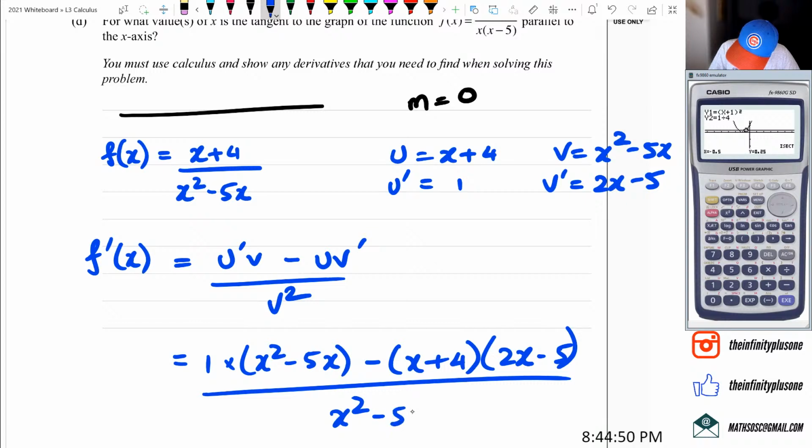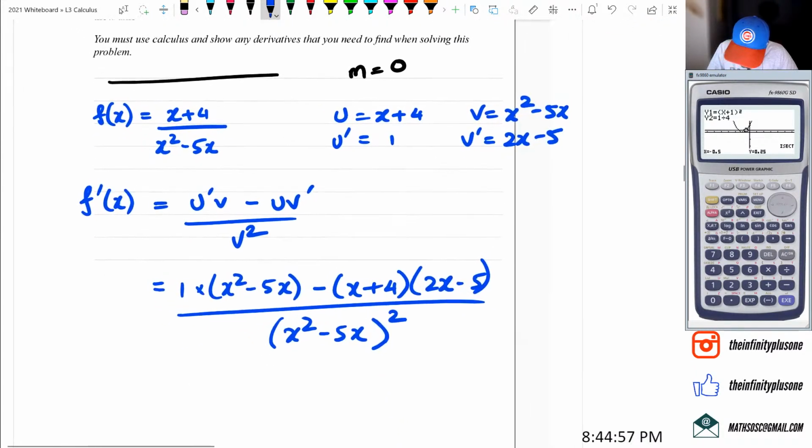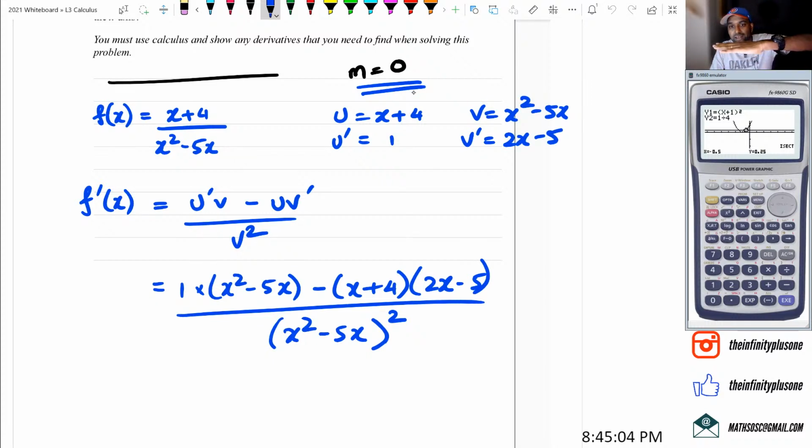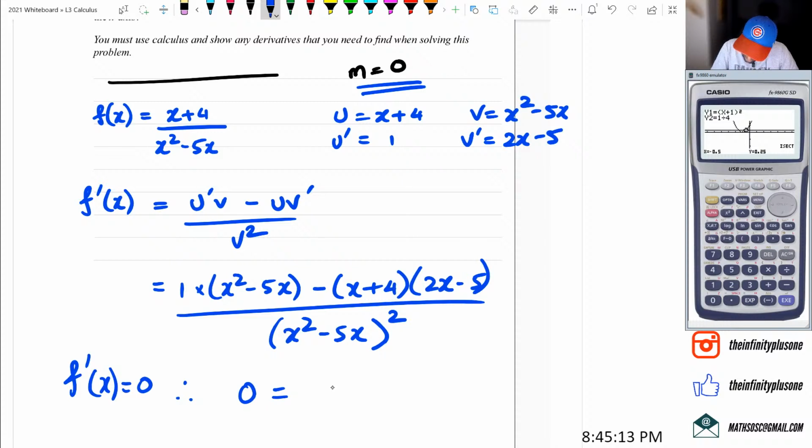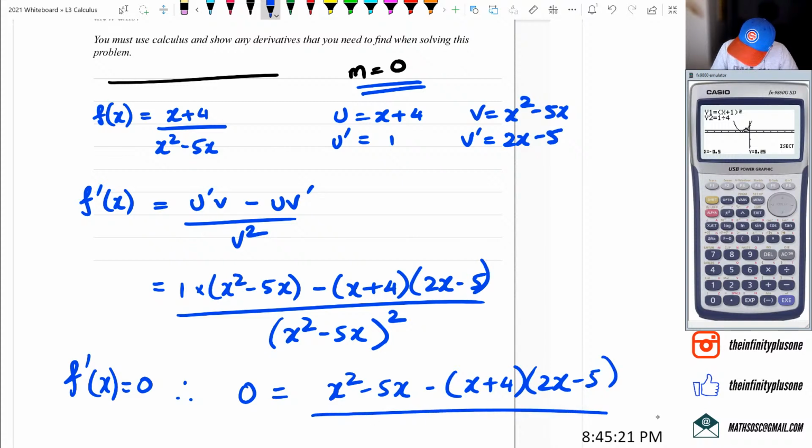Now remember that the gradient is equal to 0, because it's parallel to the x-axis, flat, straight like that. That means the gradient is 0. So we're going to put f dash of x equal to 0. Therefore, 0 is equal to x squared minus 5x minus x plus 4 times 2x minus 5, all divided by x squared minus 5x, all squared.